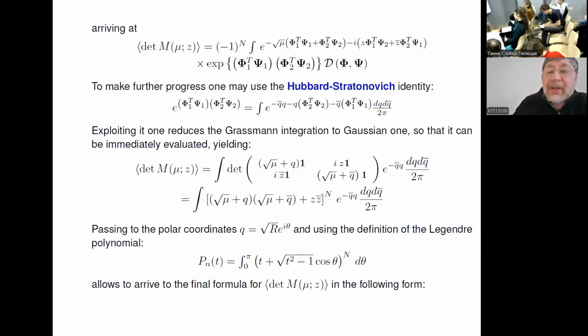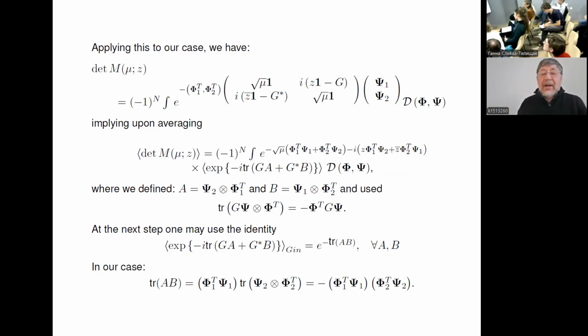Sorry for jumping. My screen seems to be very sensitive when I press on this, it just jumps. I'll try not to press. But okay, so of course there are terms, for example, phi 2 conjugate G psi 1 and phi 1 G psi 2 with i's.